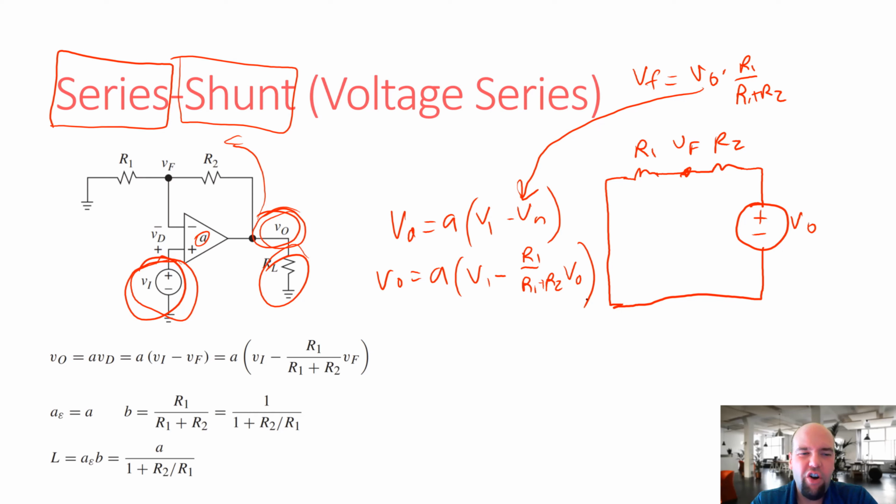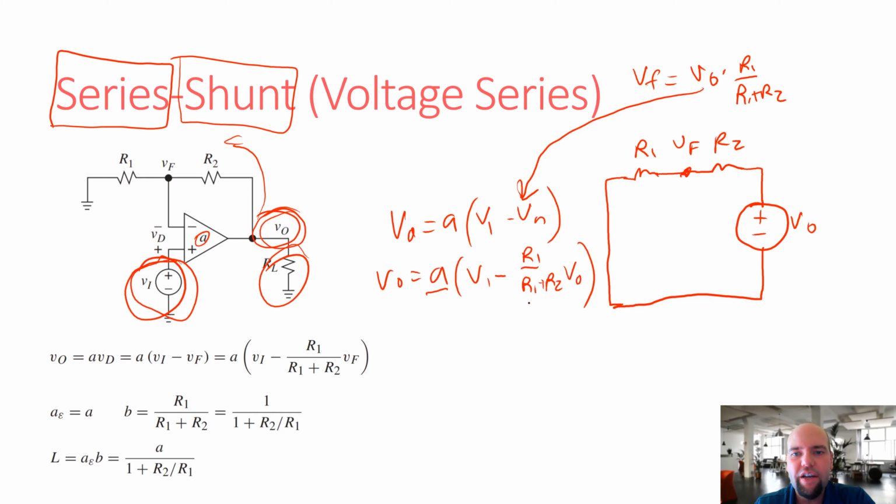And the cool thing is this is already in the form we need. This is already in the form XO equals A epsilon times (X in minus B X out). So it's already in that form.